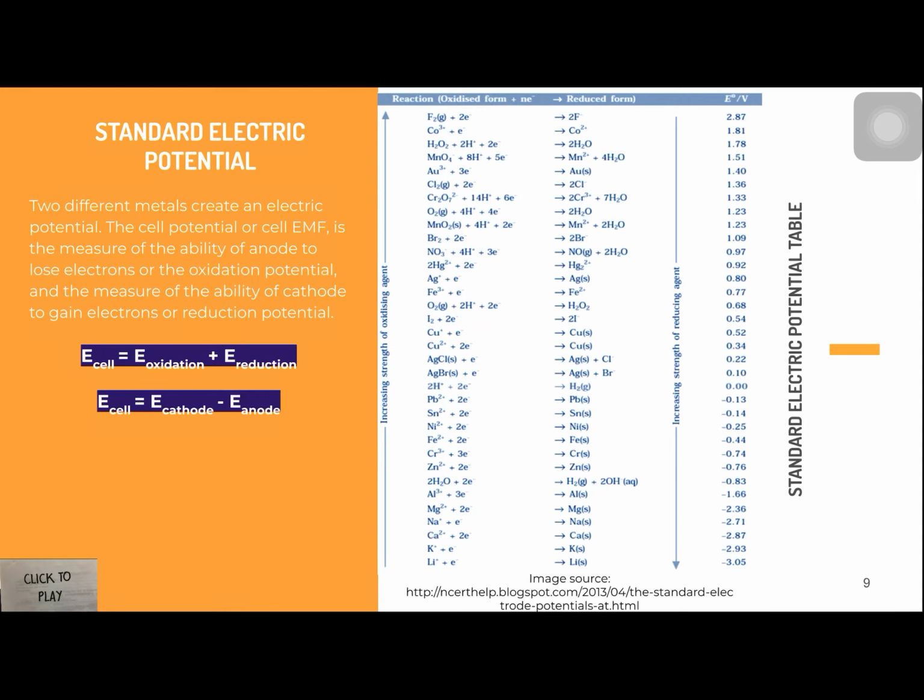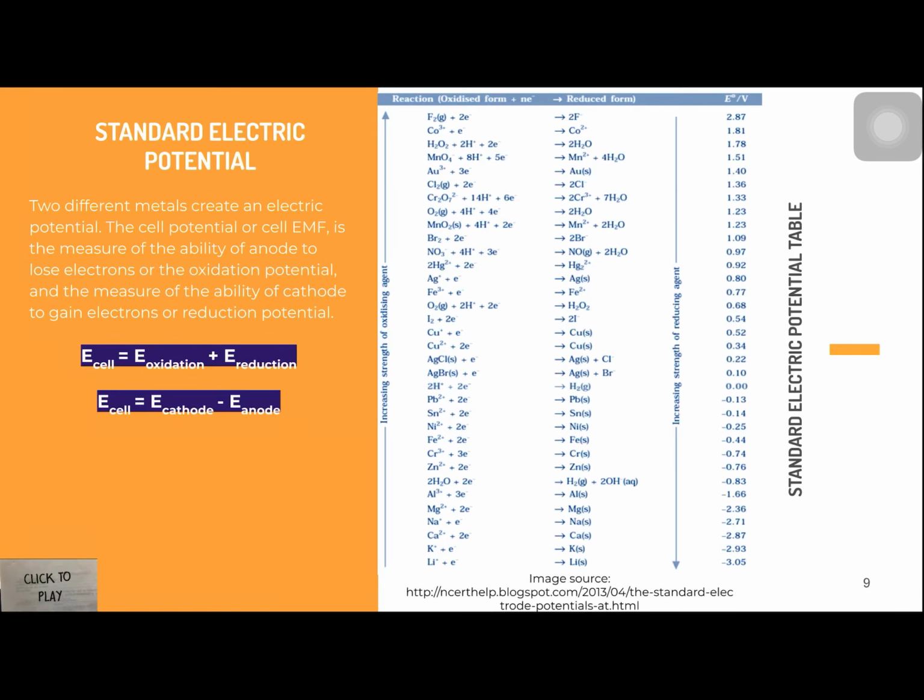Second, secure the standard thermodynamic conditions for the measurement of the potentials. The standard electrode potentials are customarily determined at solute concentrations of 1 molar, gas pressure of 1 atmosphere, and a standard temperature which is usually 25 degrees Celsius or 298 Kelvin.